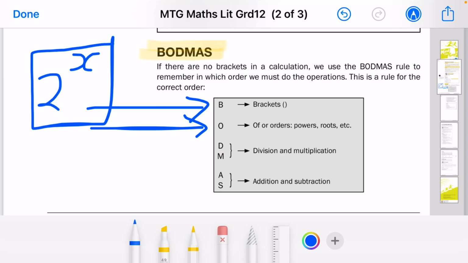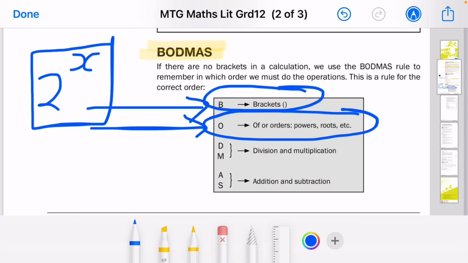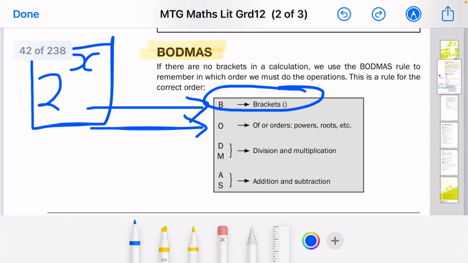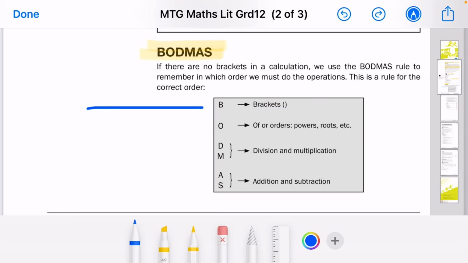So when you're applying BODMAS in mathematical equations, you first sort out the brackets. As soon as you're done with the brackets, then you look for orders that you need to work out, which is something looking similar to this. As soon as you're done with all of that, that's when you come to the sign of division, if it's there in an equation.